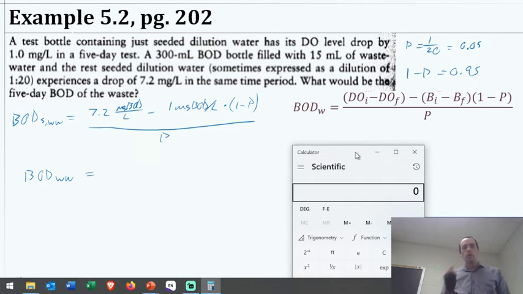So we've got a P value here, 1 in 20, which should be 0.05. 1 minus P then would be 0.95. So the 7.2 milligram per liter drop for the mixture shows us that we started with some amount and dropped 7.2 milligrams of, I wrote BOD, I probably should just say oxygen here.